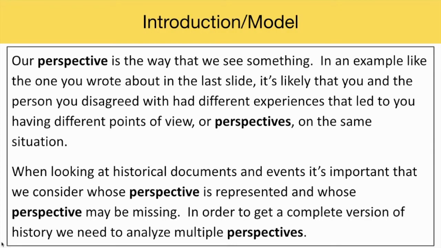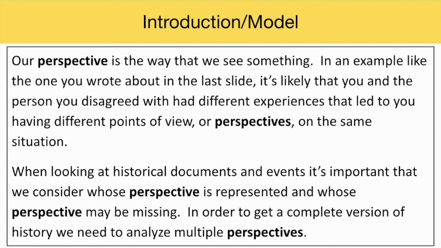It is important to go over some definitions. Our perspective is the way that we see something. The previous slide asks us to think about, have you ever been in a disagreement where someone didn't understand your point of view? Why do you think that you didn't both see things the same way?